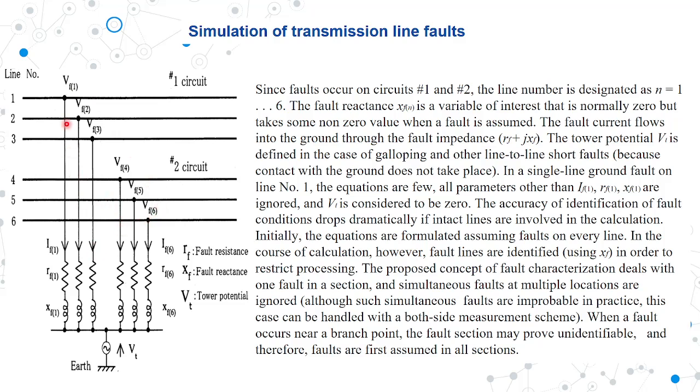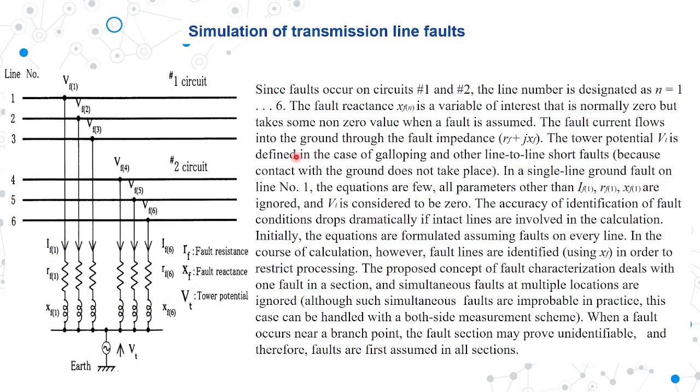So the first terminal has the denotation of IF1, RF1, XF1, where IF always denotes the fault current and RF denotes fault resistance, and XF we actually know is the fault reactance. So when the fault occurs in a system, these are the components present in the system.